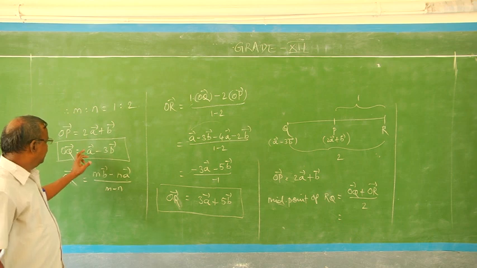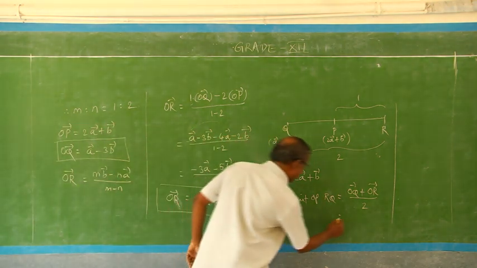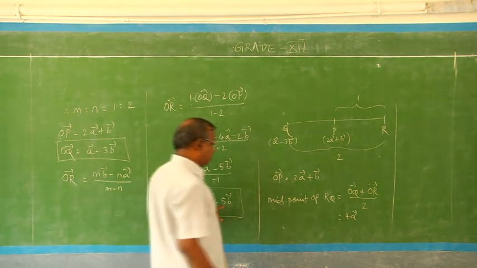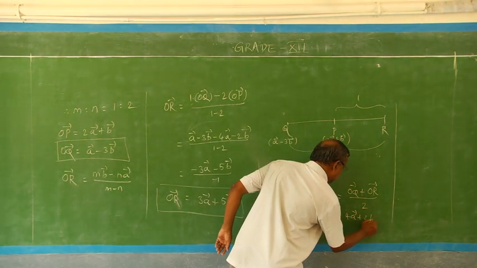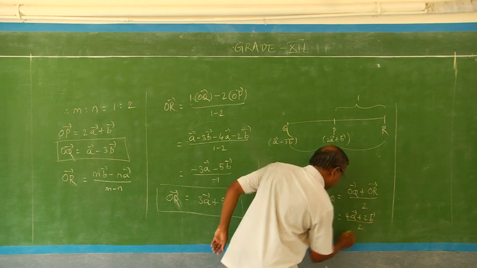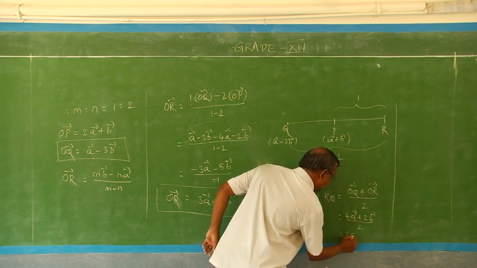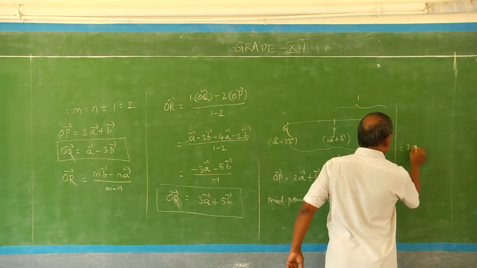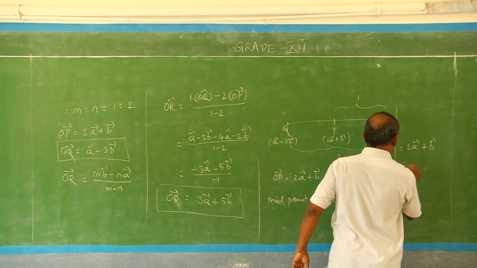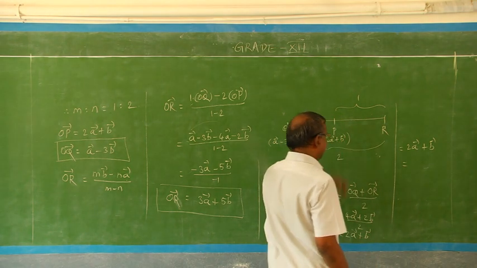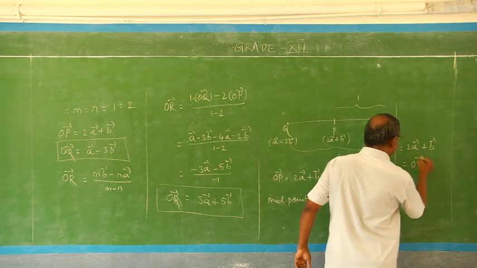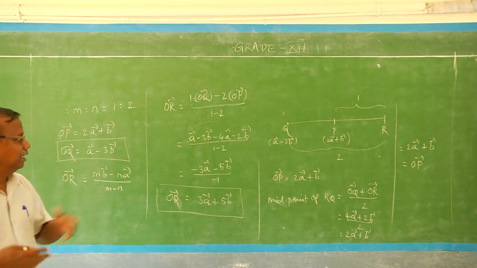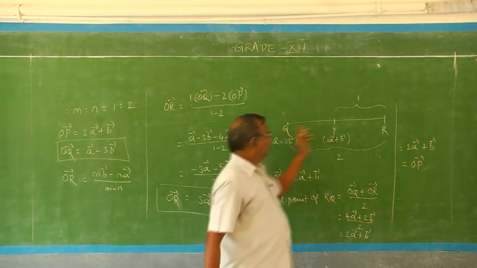Adding these two, a plus 3a equals 4a vector and minus 3b plus 5b equals plus 2b vector, divided by 2, which is equal to 2a vector plus b vector, which is nothing but the OP vector. Therefore, the point P is the midpoint of the line joining the 2 points Q and R.